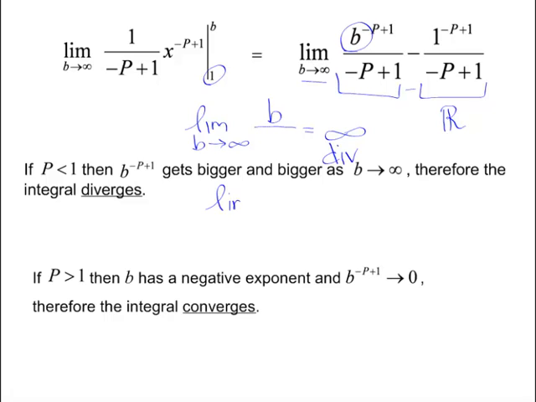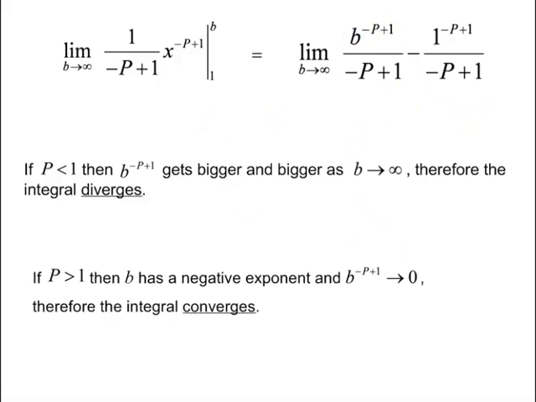If b winds up in the denominator of that fraction based on the value of p, then that limit is going to 0, and that area will converge. So since p is in the driver's seat, all we really have to determine for convergence and divergence is the value of p.